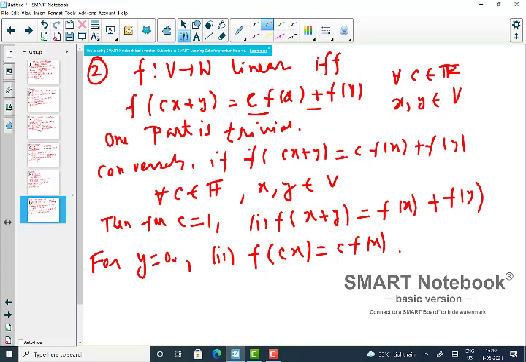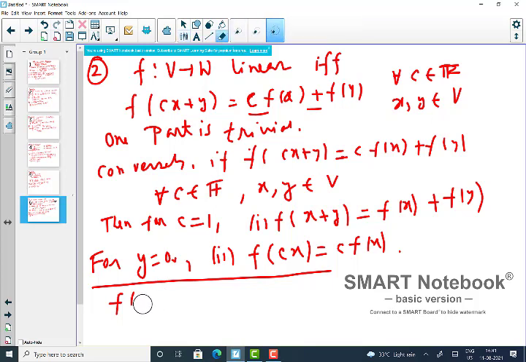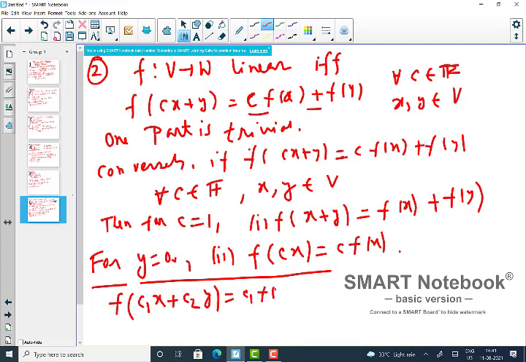So this is the proof, but sometimes people also write it with c1 and c2: f of c1 x plus c2 y equals c1 f of x plus c2 f of y.